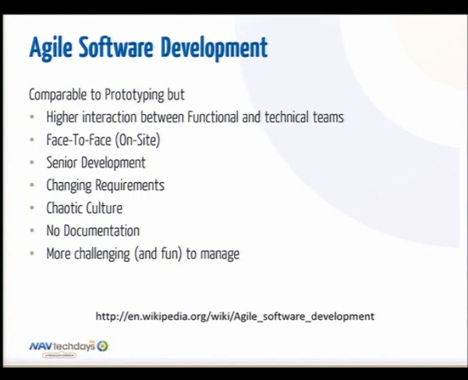There's a lot of face-to-face and on-site stuff, and the developers are generally very senior and experienced. You can work with constantly changing requirements, and it's chaotic. It's more challenging to do, but fun, but difficult to manage.